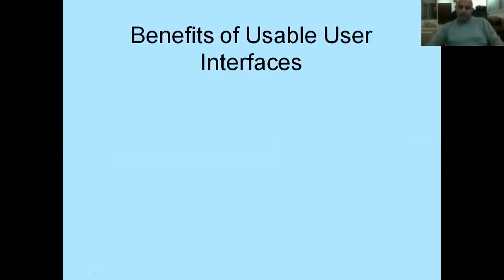Benefits of a usable user interface. Why do we make a usable user interface? We can make a user interface that is not usable, but this will be very hard for our users. Because of that, we should do something which is usable. Why usable? To be competitive.